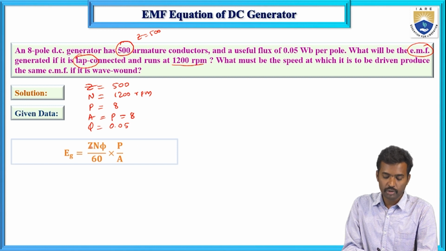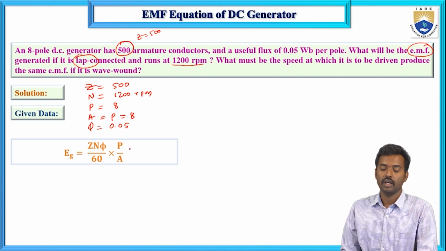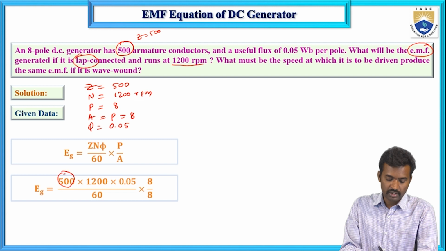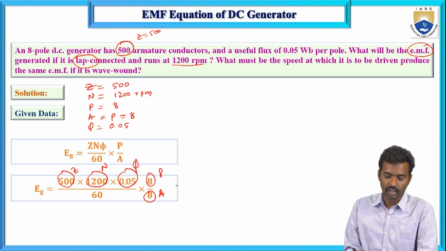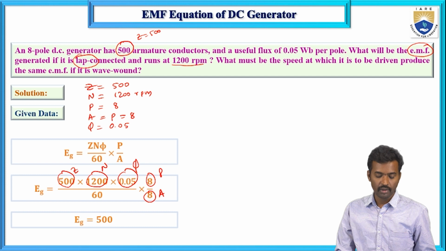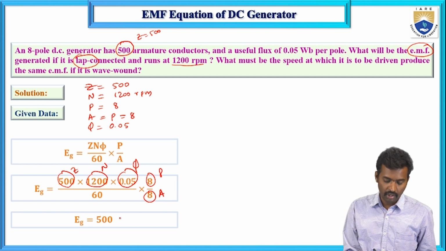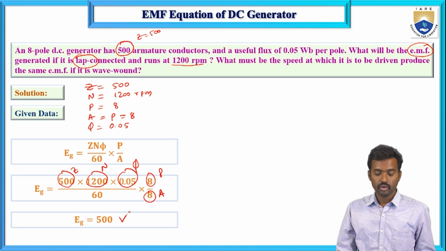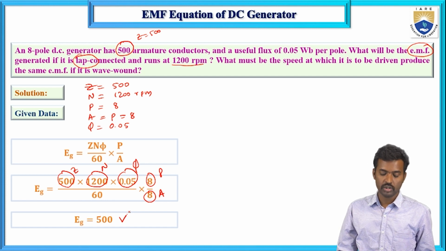And here, if you substitute Z equals 500, N equals 1200, and φ equals 0.05 divided by 60, and this P and A are the same, so you can cancel them directly, or you can substitute 8 in place of P and A. Now 500 is Z, and this 1200 is N, and this is the φ, and this is P, and this is the A. Now the simplified value, what will be the value here? Eg equals 500 volts.